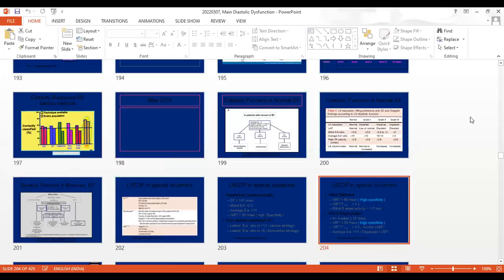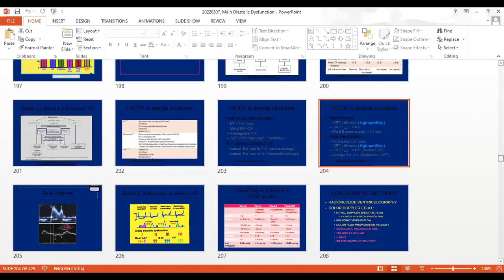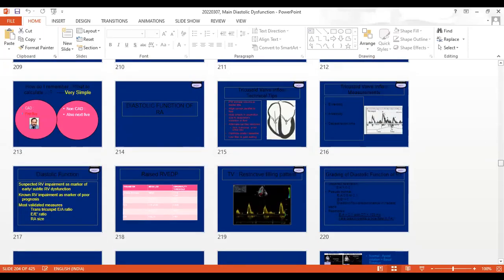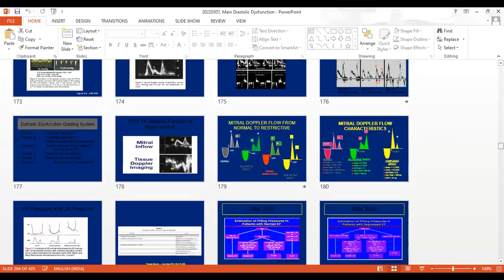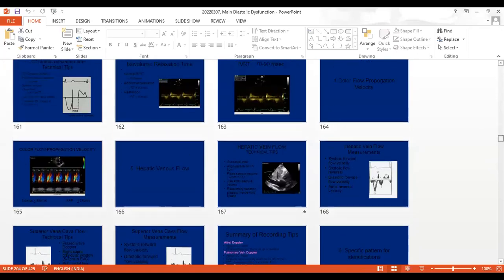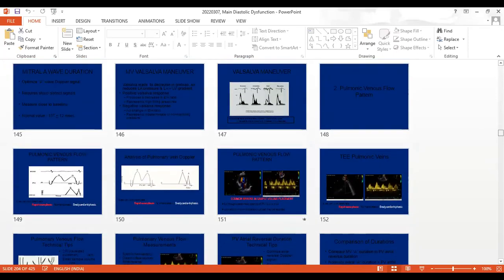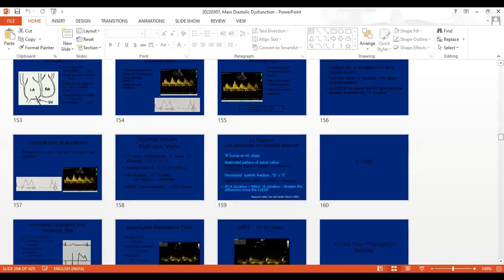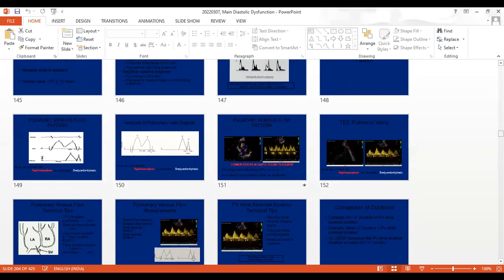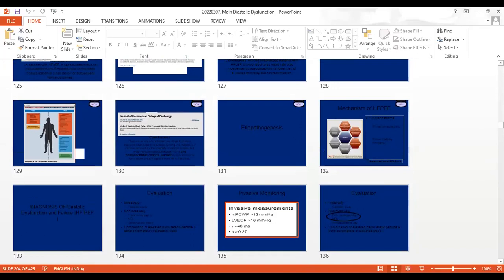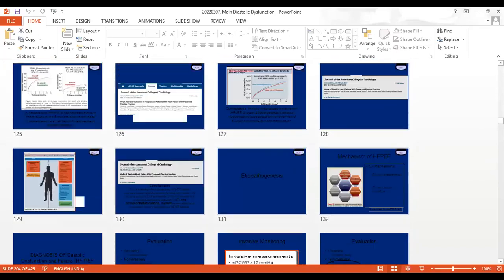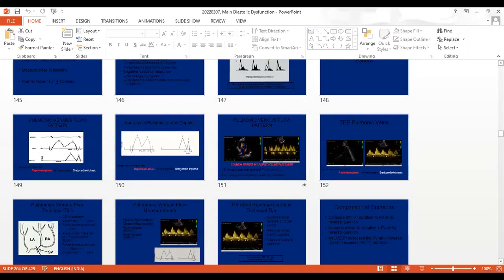So let me now go back to my flow propagation velocity. I don't know where it is, but let me find it out. Oh, yeah, it's pulmonary venous.